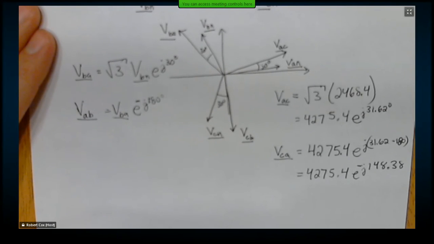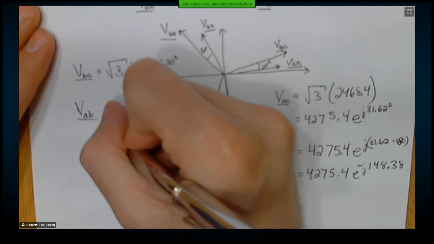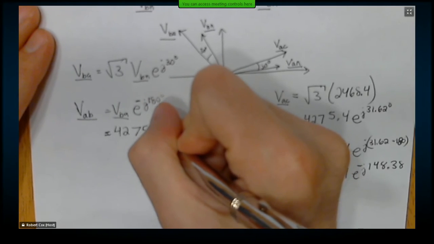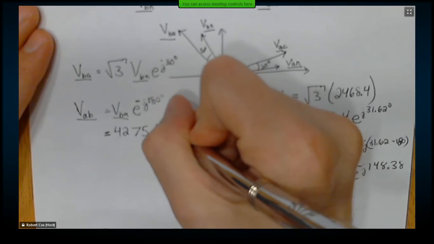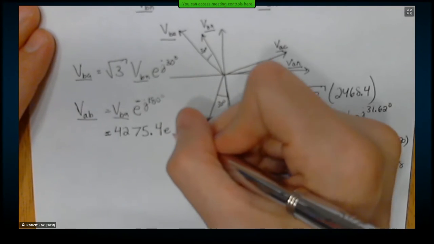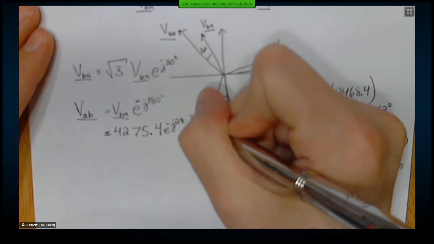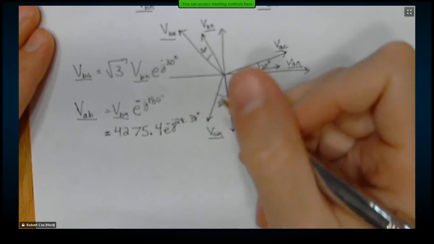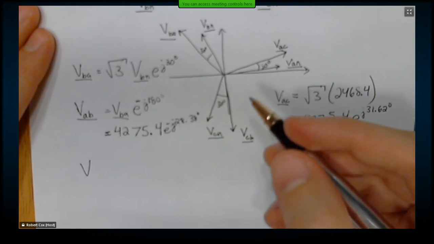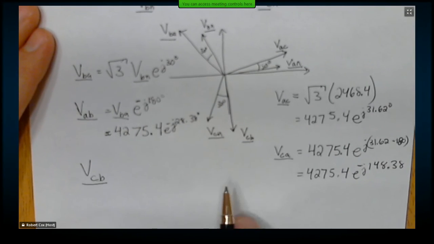Same basic approach. I'm going to find this becomes 4275.4, and that the angle for VAB is minus 28.38.